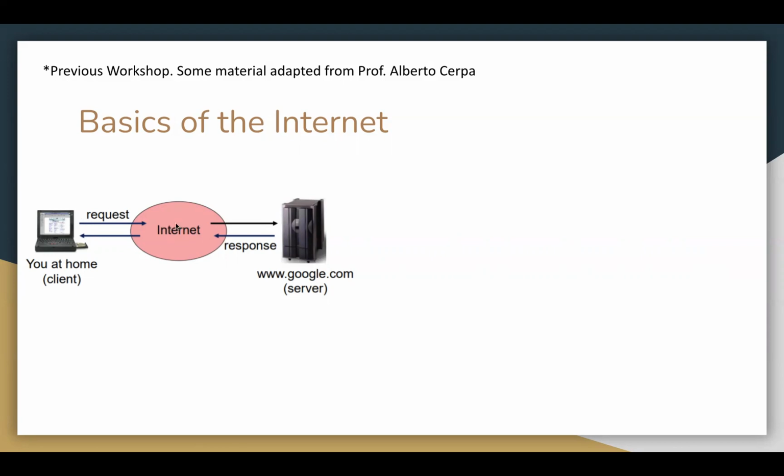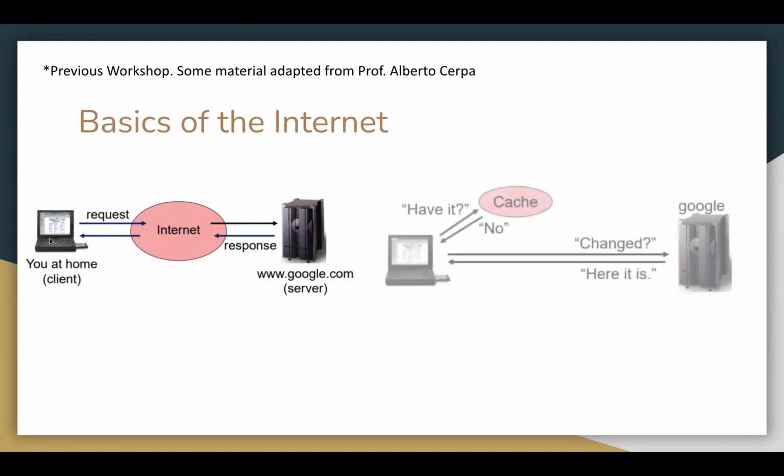It gets sent to the internet, and then the internet sends your request to the server, which is google.com. It responds with the web page of google.com, and you get it back at home. That's basically how the internet works. The internet basically connects a client and a server.